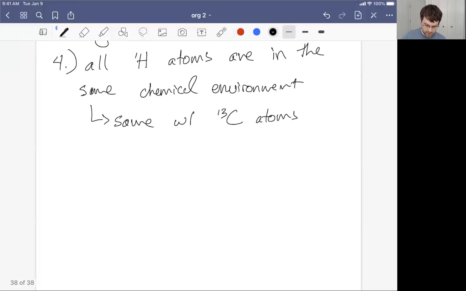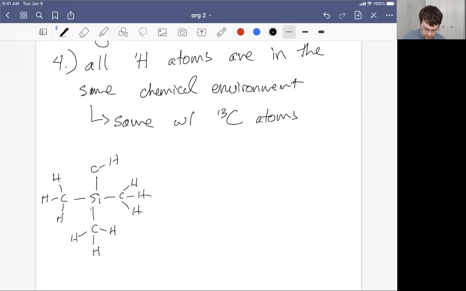Now the bond line structure of TMS is simple, right? We only have to write the Si, but if we went ahead and wrote all of the hydrogens explicitly, you would be a bit overwhelmed, right? There's 12 hydrogens on this molecule. Similarly, there are 4 carbons.